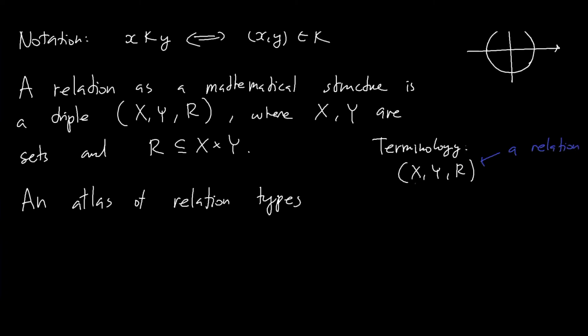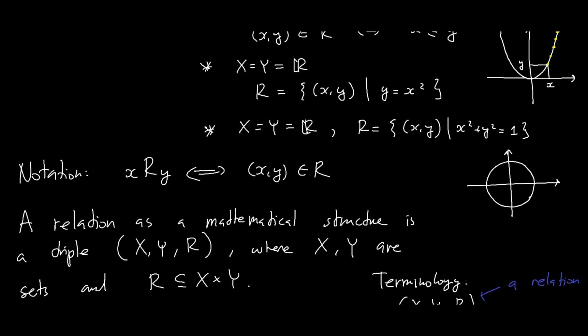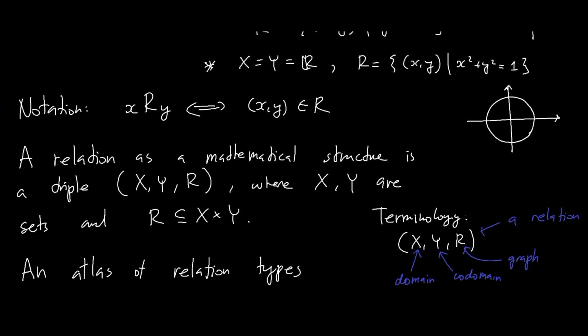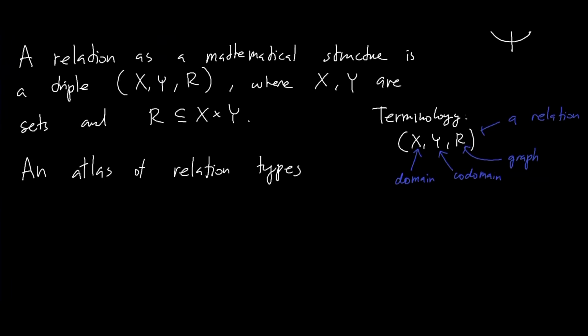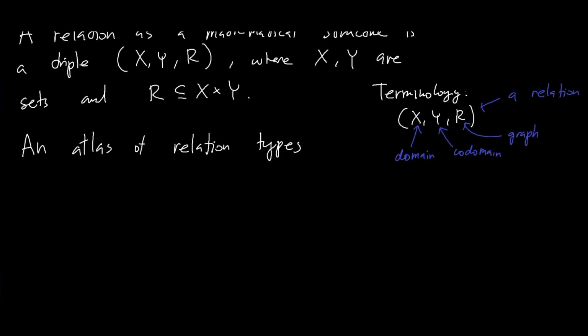And then we call this specific part of the relation its domain. We call this one its codomain. And we call this part its graph, just like here, where the graph is the set of ordered pairs.